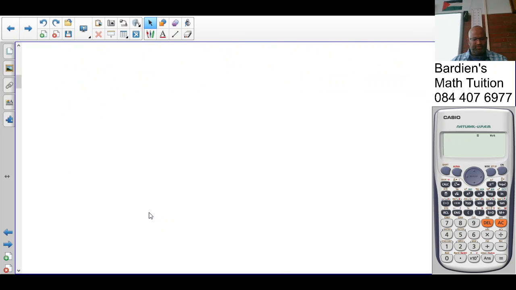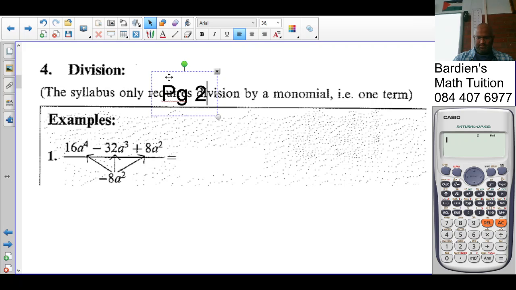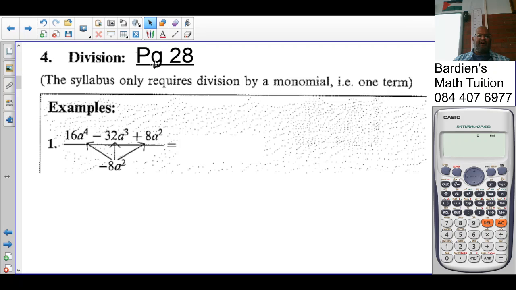It's on page 28. Okay, something like this we've dealt with before in grade 8. People, the grade 8 syllabus and the grade 9 syllabus is very, very similar. The only difference is the sums are not harder, just a bit bigger. Okay.